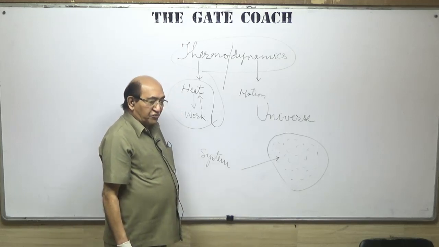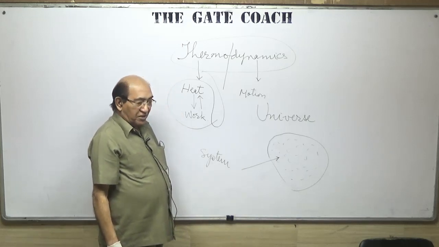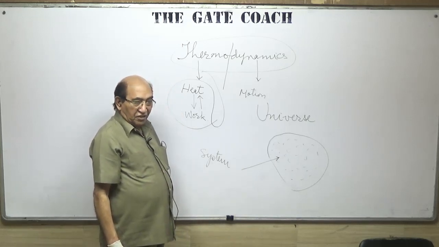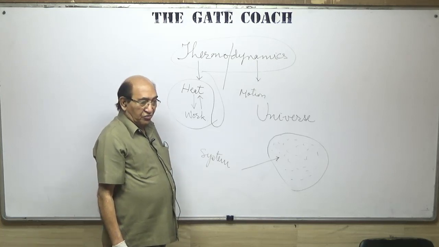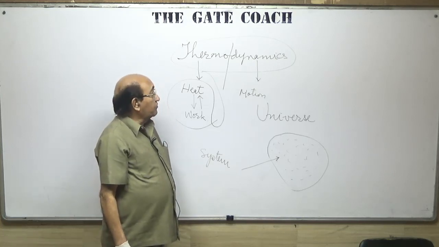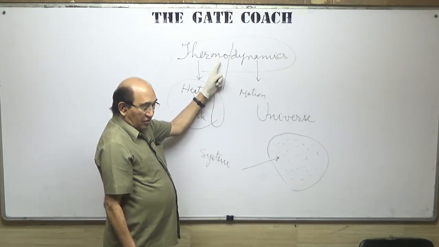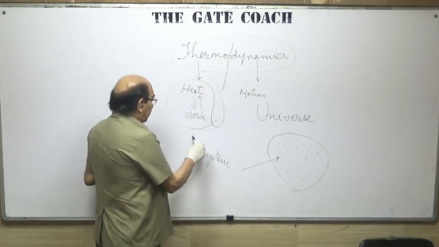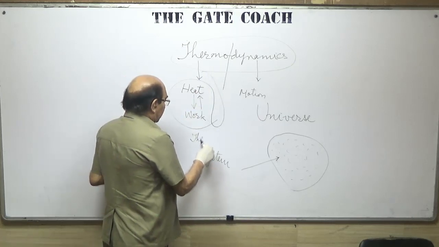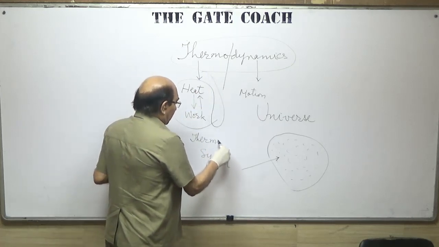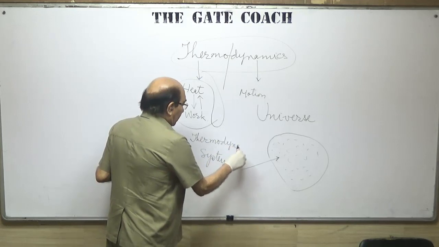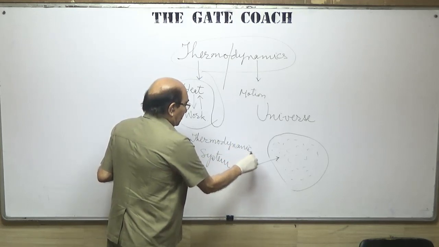Am I interested in its electrical behavior, magnetic behavior? No. I am interested in the thermodynamic behavior, and hence I shouldn't simply call it a system, I must call it a thermodynamic system.